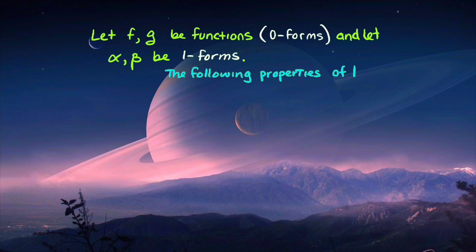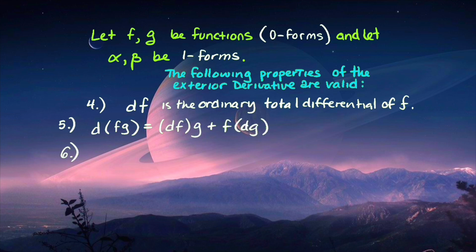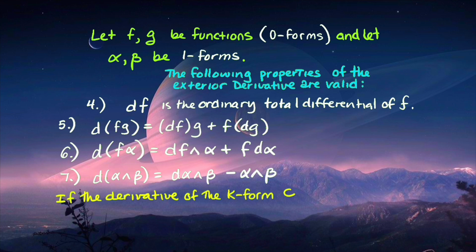Let f and g be two functions, two zero forms, and let alpha and beta be two one forms. Then the following properties are valid for the exterior derivative. df is the ordinary total differential of f. The exterior derivative of the product of two functions follows here, the exterior derivative of a function and a one form follows here, and the exterior derivative of the wedge of two one forms also follows here.